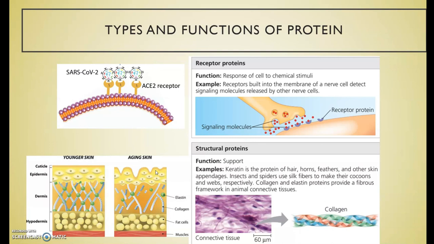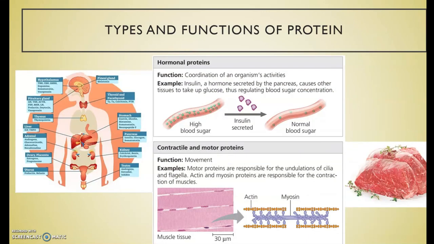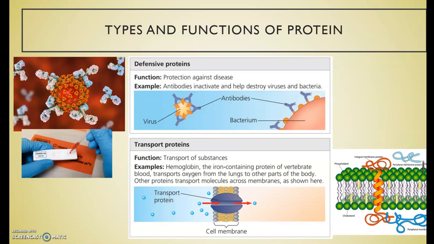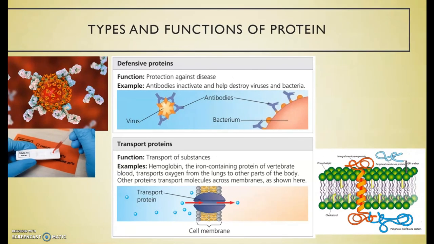So, as enzyme, as storage, okay? As a receptor, as a hormone, for support, ano pa ba? So, for defensive, for transport, and many others, okay? So, our body actually has so many proteins, guys.